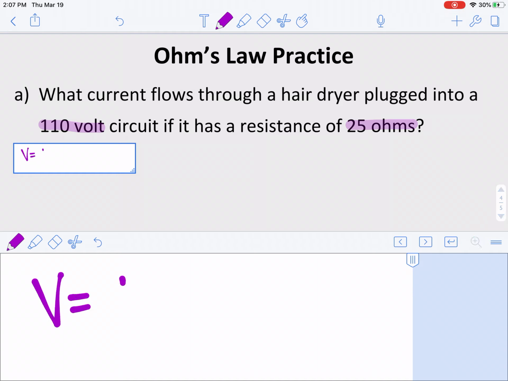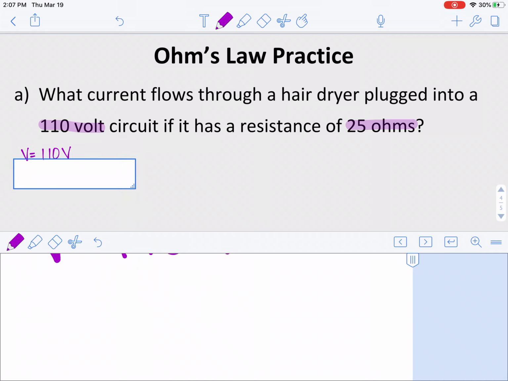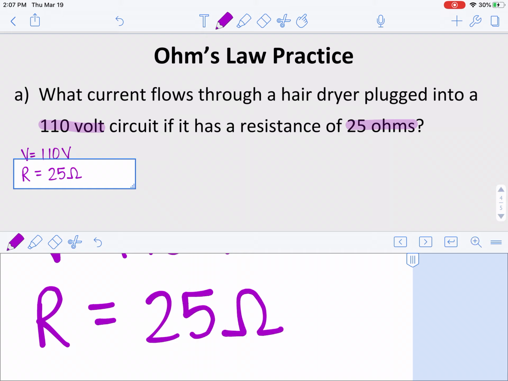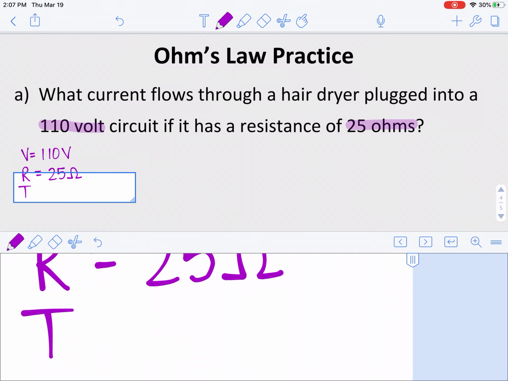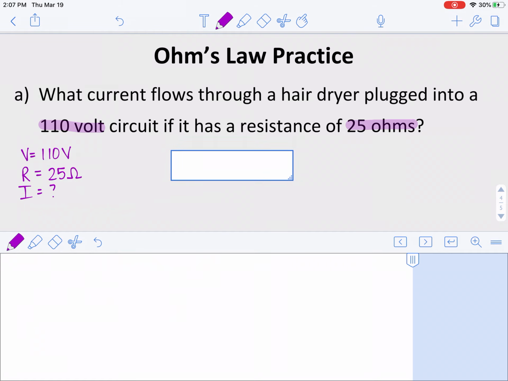So V is equal to 110 volts. The next thing that's given to me in this problem is resistance. So R is equal to 25 ohms. And in this problem, I'm trying to figure out how much current is going to run through that circuit if the power supply is 110 volts and the resistance of that hairdryer is 25 ohms.